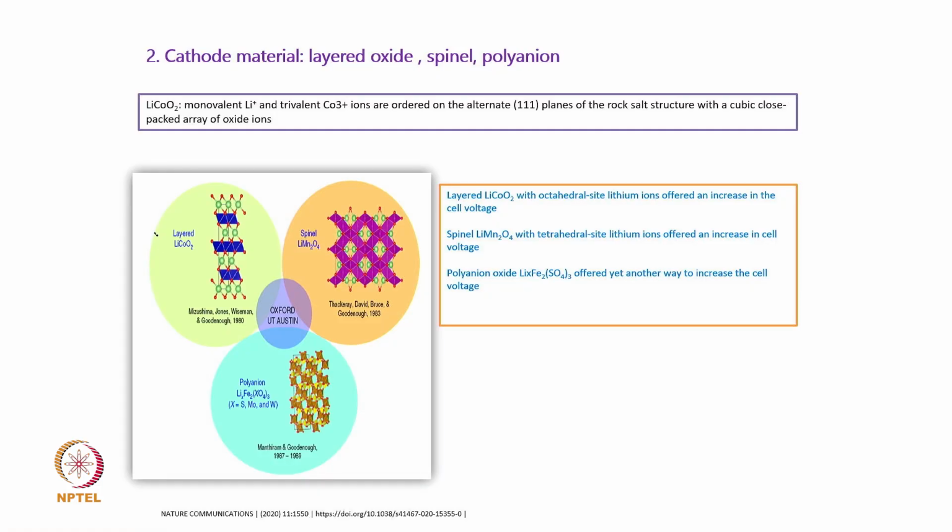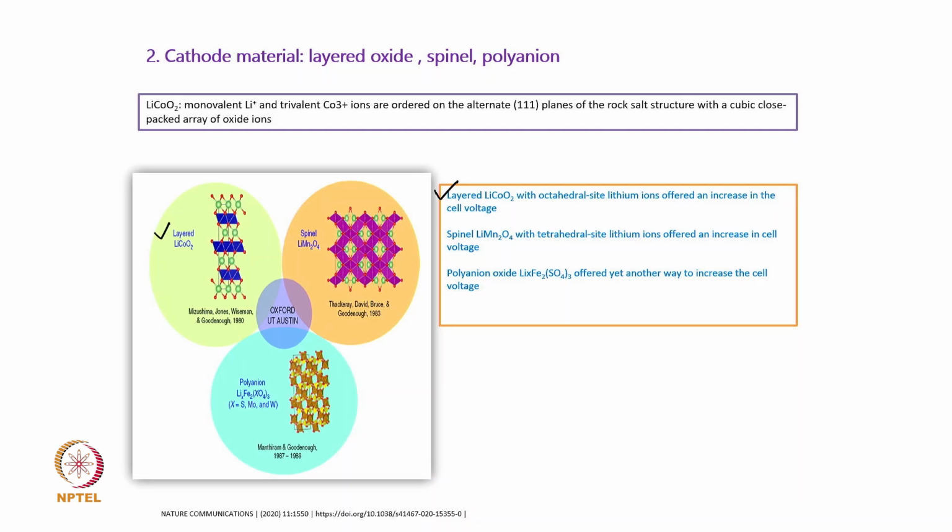As I mentioned, the first one is lithium cobalt oxide, where monovalent lithium and trivalent cobalt ions are ordered in the 1-1-1 plane of a typical rock salt structure. Okay. What they found is that for layered lithium cobalt oxide, the lithium in the octahedral site actually offered an increase in the cell voltage. Okay.